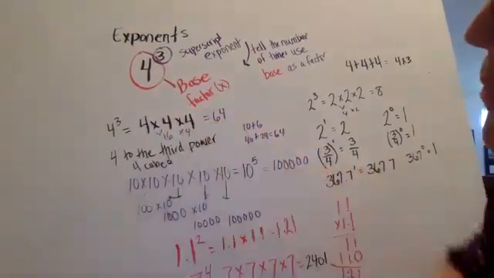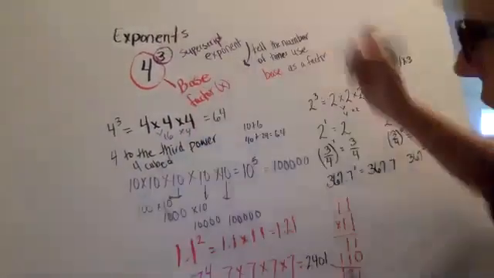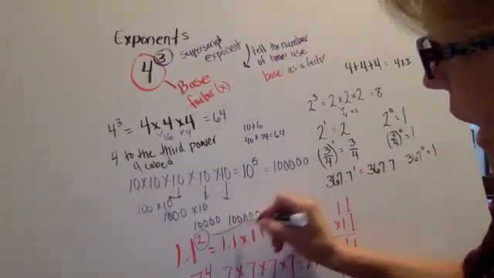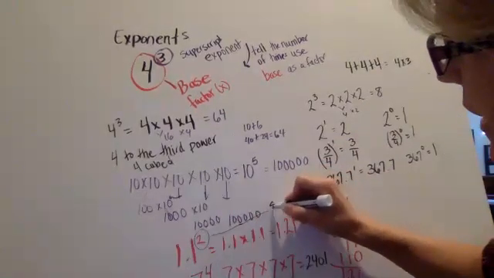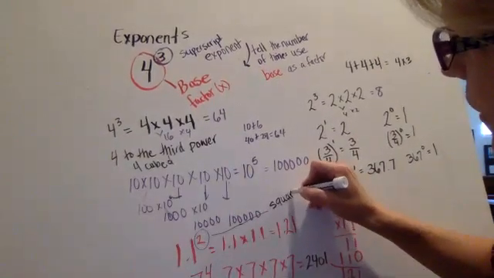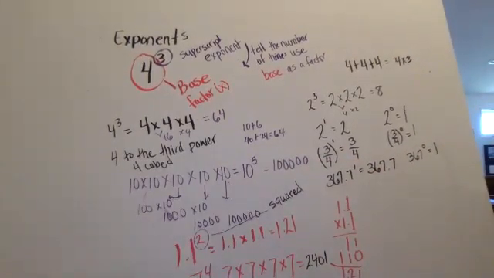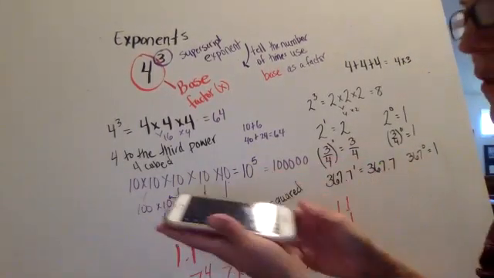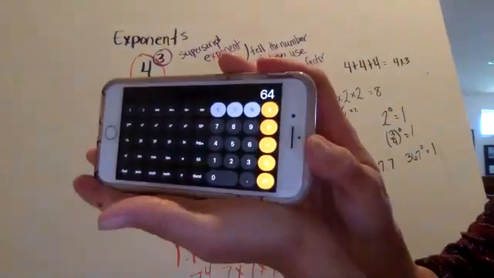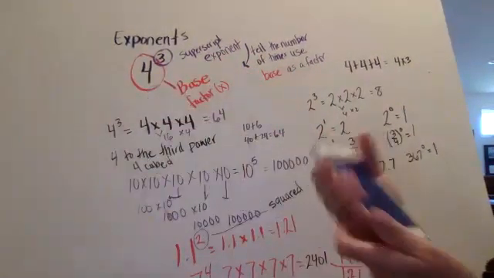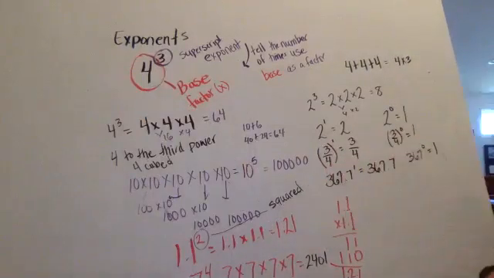If I had something to the 2nd power, I could say it's to the 2nd power, or I could say it's squared, because square is a special math term too. But we don't say it for any other dimension. To the 4th power, we say the 4th. To the 5th, we say the 5th. So it's just kind of a neat thing to try out. You can try out a few things there. All right, and that is the way that you find exponents.